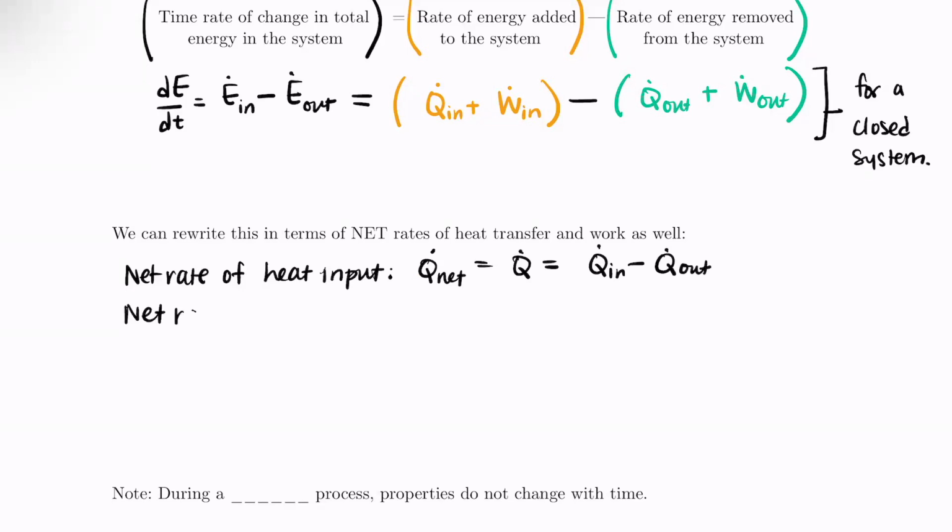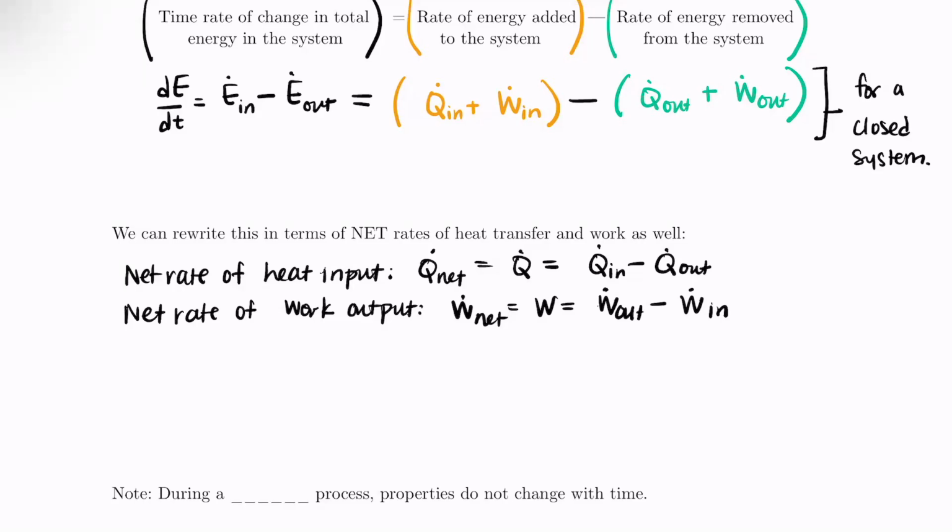And our net rate of work output is W dot net, which is W dot out minus W dot in.